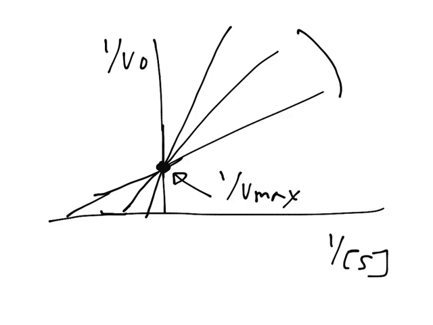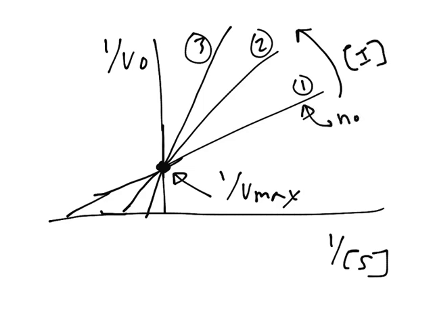And going this way, from experiment 1, experiment 2, experiment 3, we are increasing the concentration of inhibitor. Here we would have no inhibitor, then in experiment 2 we would have some inhibitor, and in experiment 3 we would have more inhibitor. Since they're all intersecting on the y-axis, which is the location of 1 over Vmax, we know that Vmax is not changing.